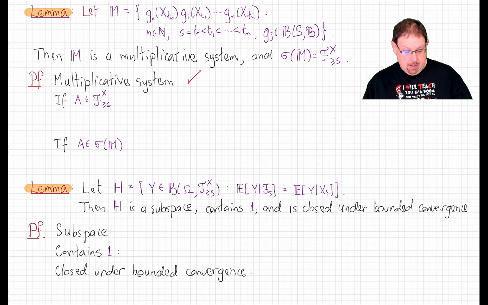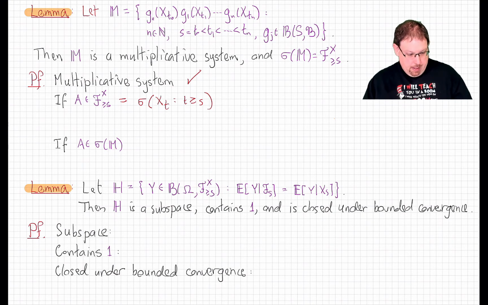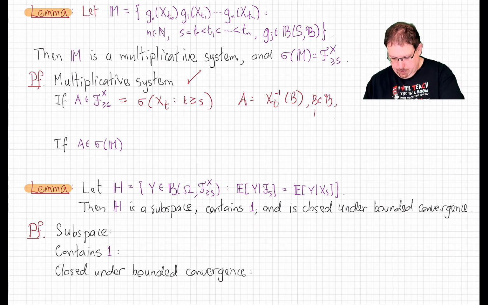Well, if A is an event in the future sigma field of time s, which remember means the sigma field generated by all the random variables X_t with t bigger than or equal to s, that means that A has the form, the preimage under X_t of some set B in the range, and some time t in the future.